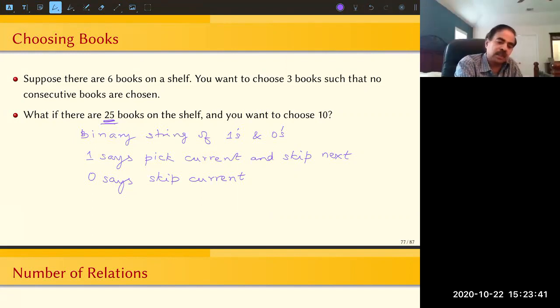15 bits. So it depends on how many you have to pick, right? Yes. So you are saying that we need 15. Can you tell me a formula so we can understand?